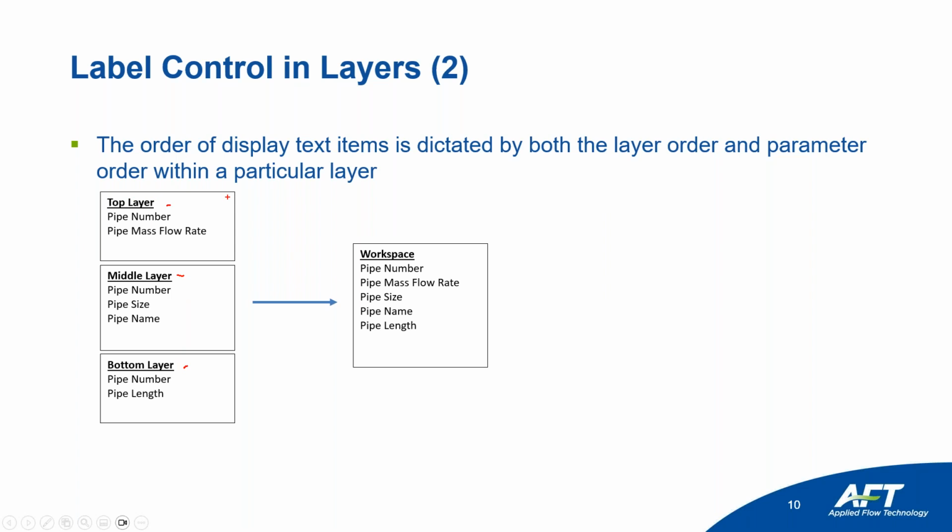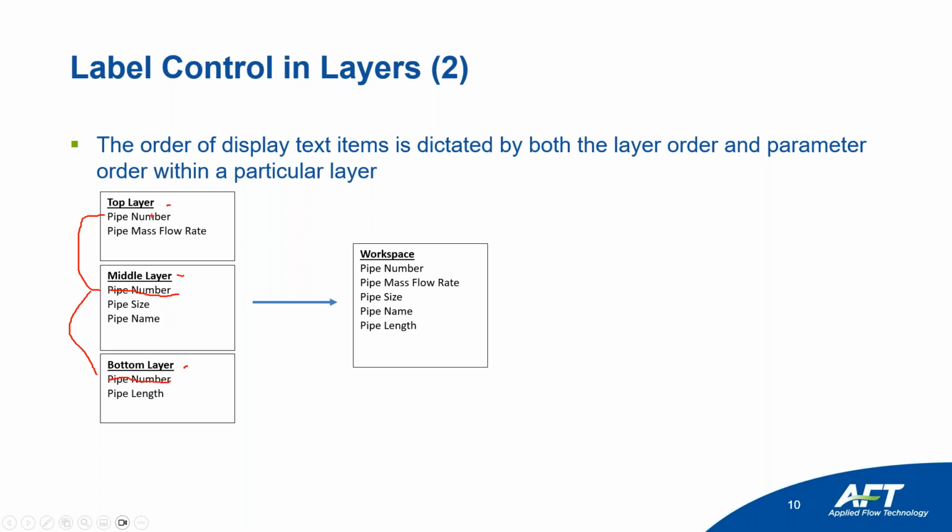As we said, the top layer is the first priority to show. So the top layer shows pipe number, which is also shown in the middle layer and in the bottom layer. So here it will be shown first. Since the middle layer is also showing pipe number, it will not be shown again, and neither will the pipe number that you selected for the bottom layer.